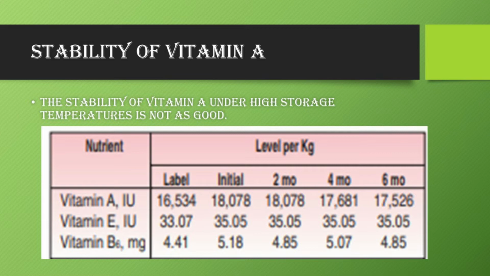The success of a fortification program depends on a number of factors, including the stability of micronutrients added to the foods. Prior to selecting the fortification, it is very important to consider the factors affecting their stability. Physical and chemical factors include heat, moisture, exposure to the air or light, and acid or alkaline environments.